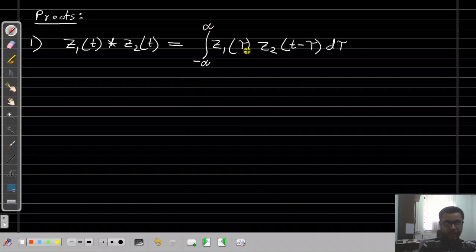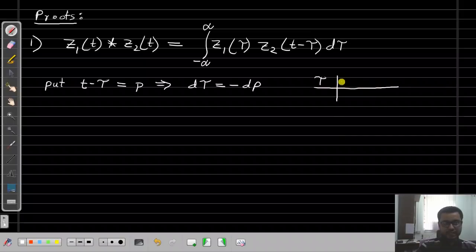Now I shall apply a change of variable, say put t minus tau as, call it p, so that d tau will be equal to minus dp, and also when tau is minus infinity, p is plus infinity, and if tau is plus infinity, p is minus infinity.